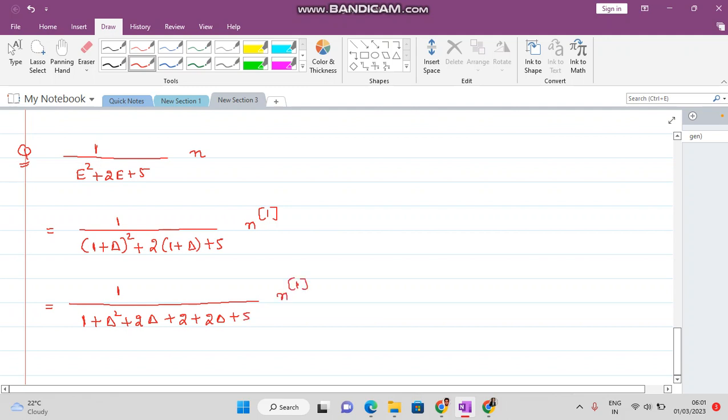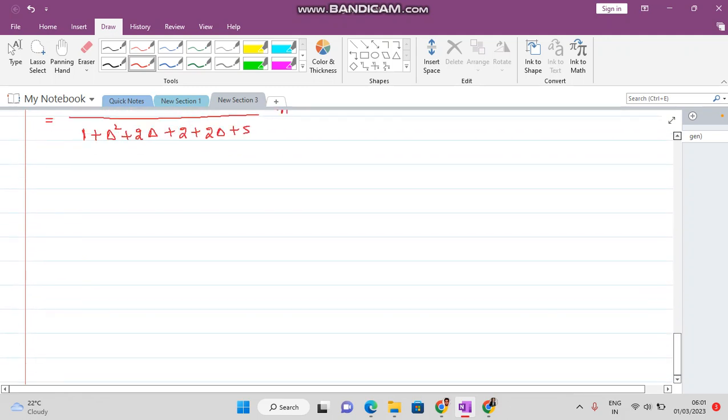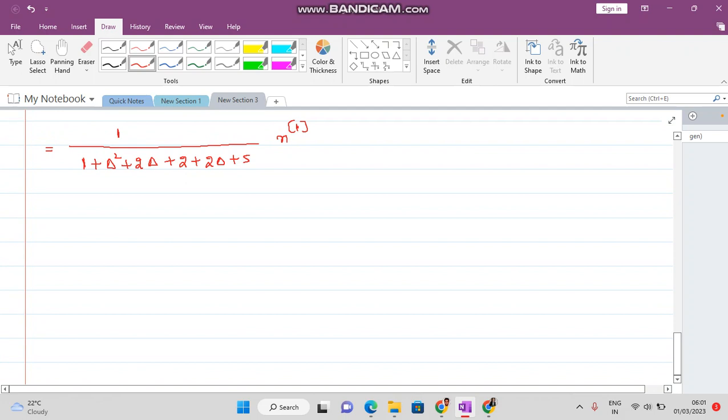After this, we get 1 by delta square plus 2 delta plus 2 delta is 4 delta, and 1 plus 2 plus 5 is 8, times n raised to the power 1 factorial.